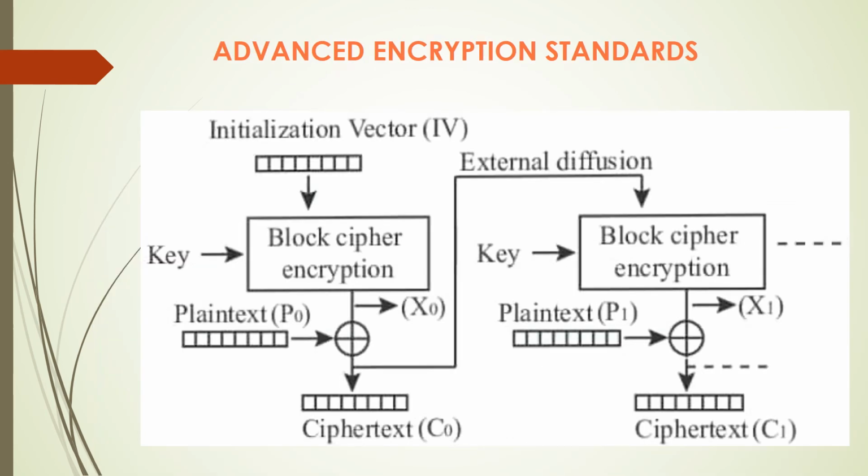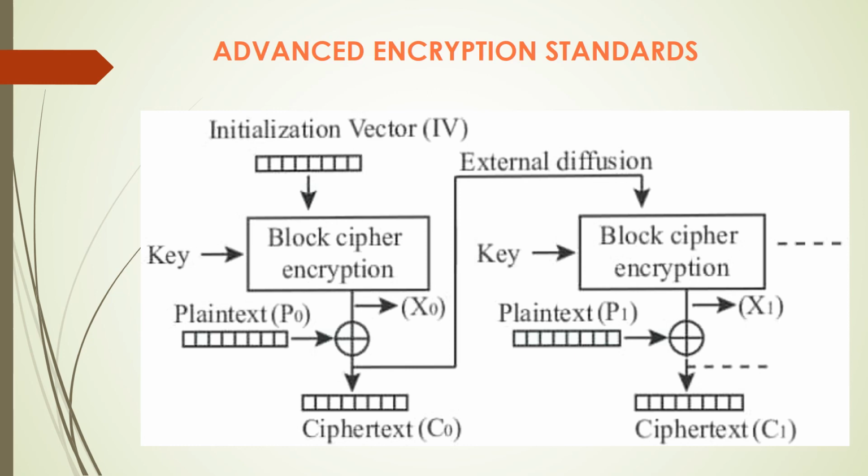Now, let us have a look at AES. So, AES stands for Advanced Encryption Standard. It is also a symmetric key block cipher algorithm. Symmetric key means, as we know, that the same key is used for encryption as well as decryption.